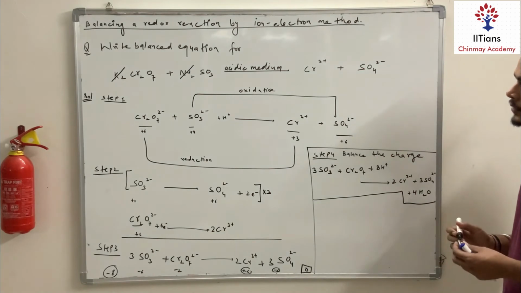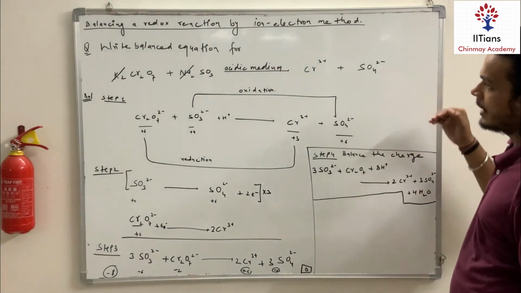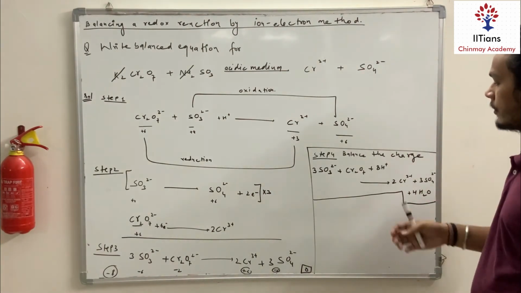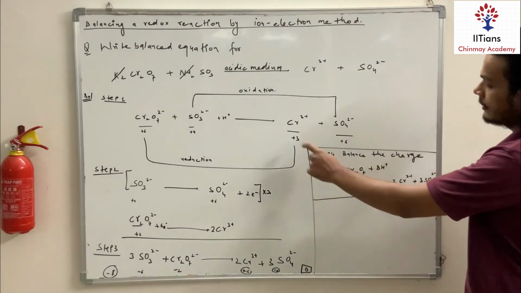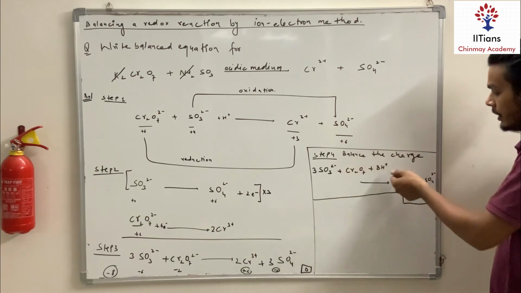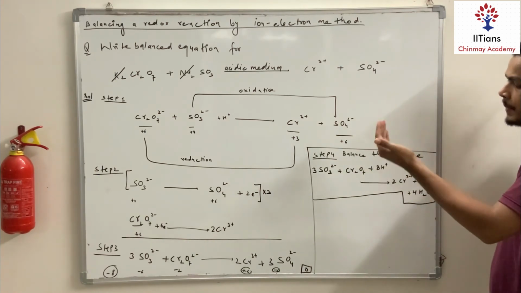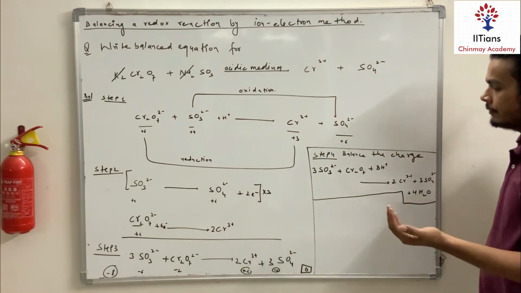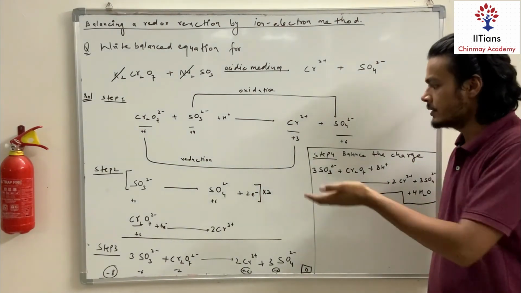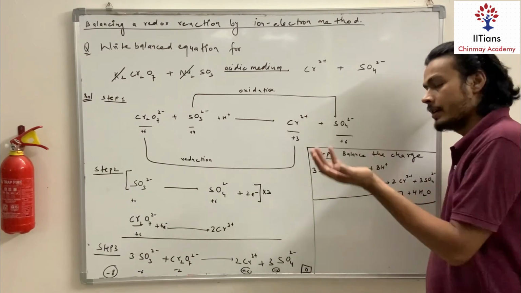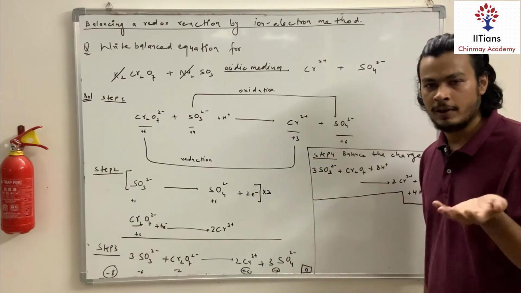A good way to check whether the equation has been balanced or not is to check whether your oxygen is balanced. We accounted for sulfur, we accounted for chromium, we accounted for hydrogen, but we never balanced oxygen. If your reaction has been balanced, you will see that the number of oxygen on the reactant side as well as the product side will be the same.